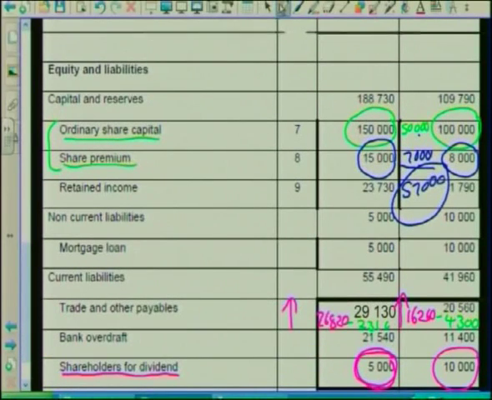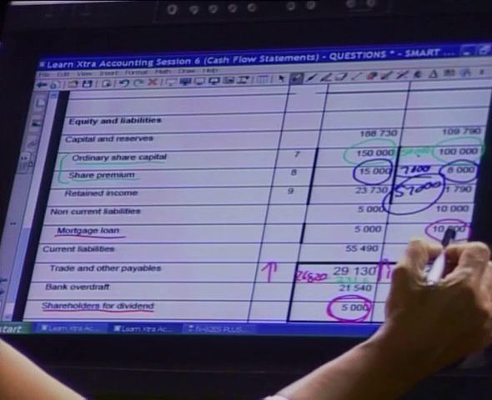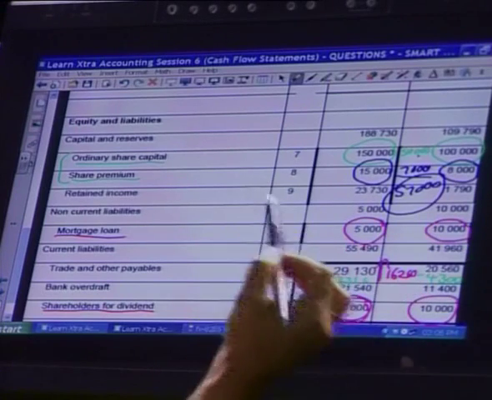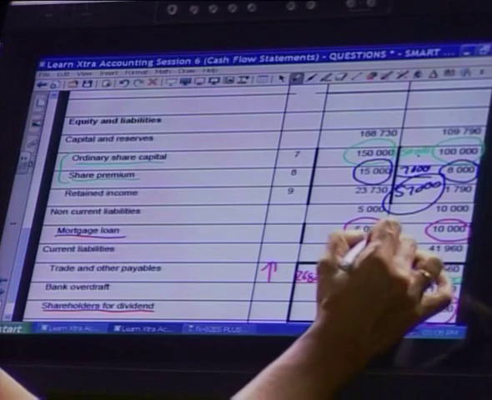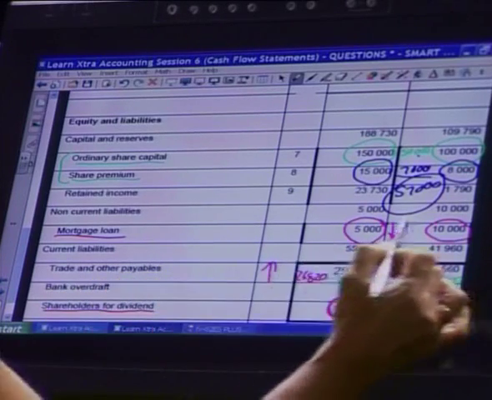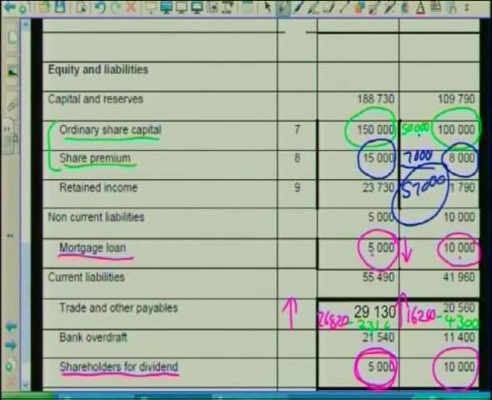We're looking at this mortgage loan. 2011, the company was owing 10,000. 2012, the company is owing 5,000. So obviously, there's been a decrease in this mortgage loan. A decrease meaning that the company has paid towards this long-term liability. How much has the company paid? 10,000 minus 5,000, the company has paid back 5,000.